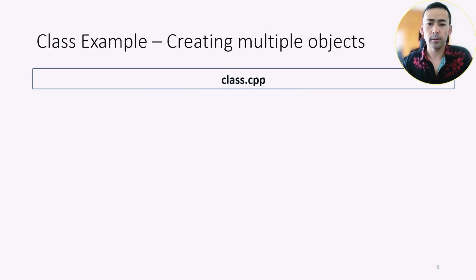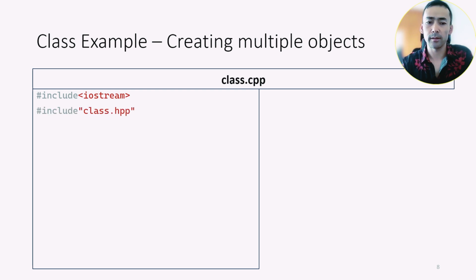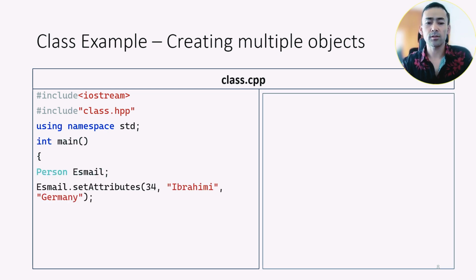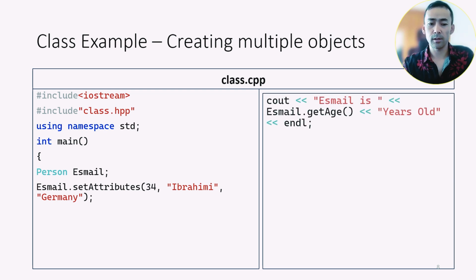Now we go to write the source file where we create multiple objects by including the iStream and the class.hpp using the previous namespace std. In the main function, we, for example, create the person Ismail, which is an instance of the person, and in the Ismail.setAttributes, we define age equals to 34, last name equals to Ibrahimi, and country Germany.